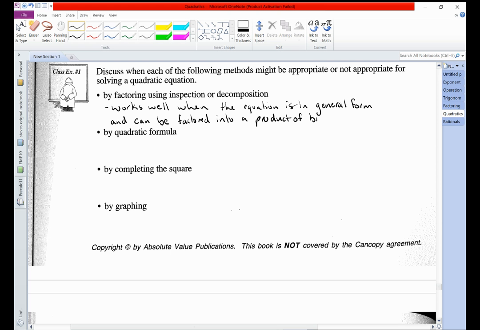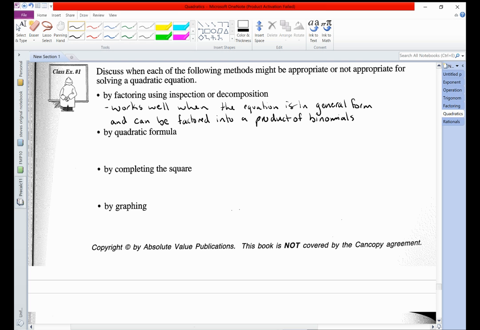So anytime we are in general form, ax squared plus bx plus c, you should try to use inspection or decomposition. And if the numbers don't seem to work, like in the last note video, where we saw a trinomial where the numbers just didn't work out, we tried to do decomposition and it didn't work, then you would use the quadratic formula. But if you can use inspection or decomposition, it's a good idea. It's a little bit easier and less of a process.